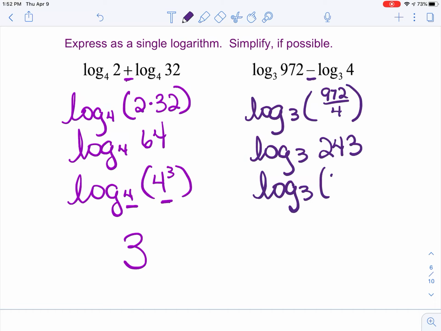So 3 to some power is going to give me 243. So 3 to the first is 3, 3 to the second is 9, 3 to the third is 27, 3 to the fourth is 81, 3 to the fifth is 243. So since my bases are the same, 5 is my answer.